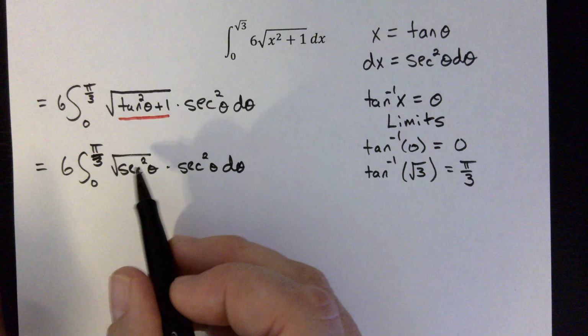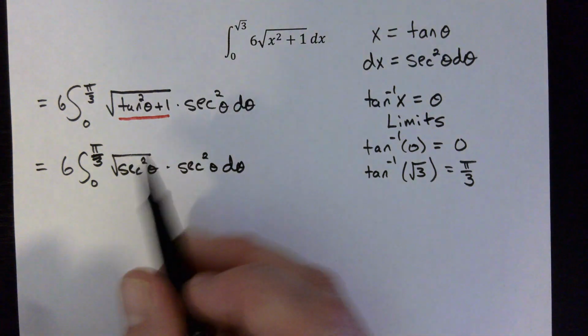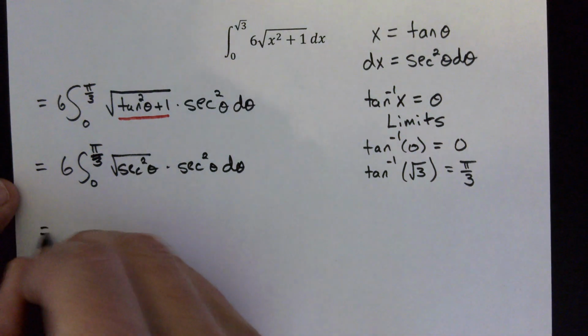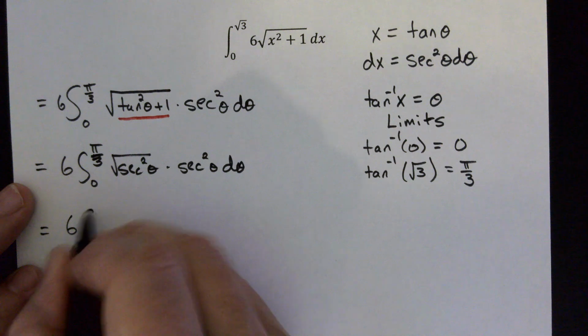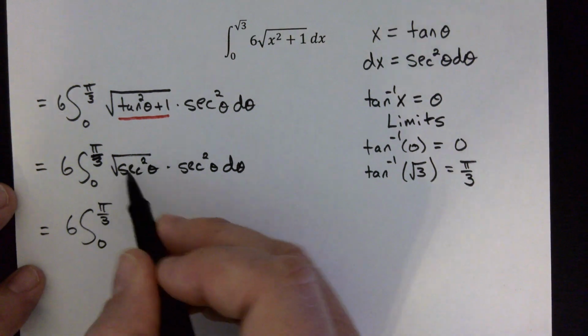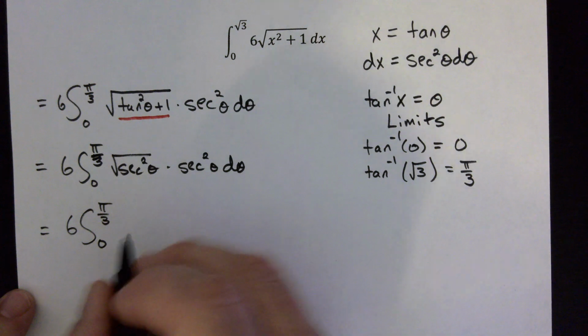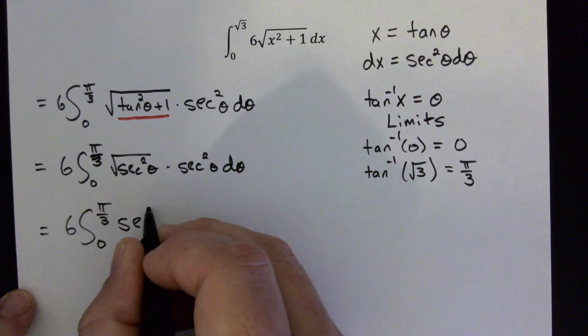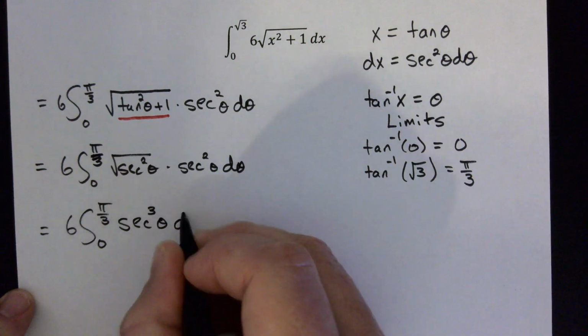What happens when we square root a square? It's just left with a secant. So this will be 6 times the integral from 0 to pi over 3 of secant, once the square root and the square cancel out, times secant squared. So it ends up being secant cubed theta d theta.